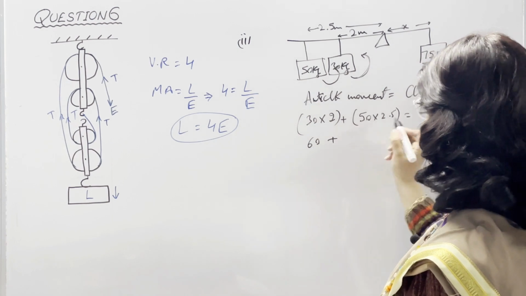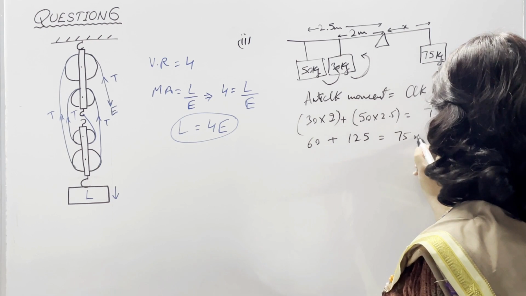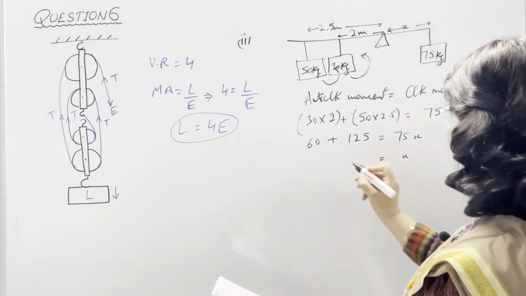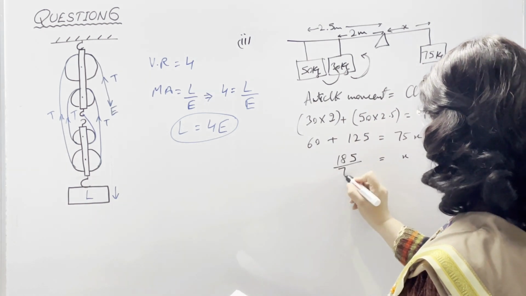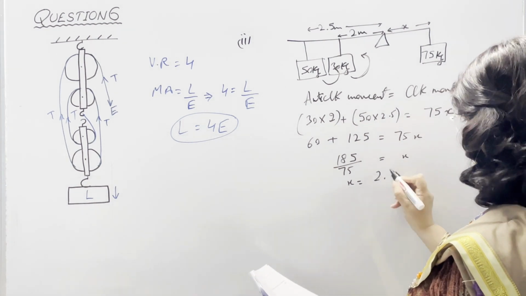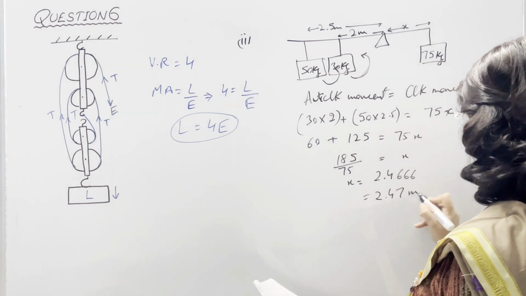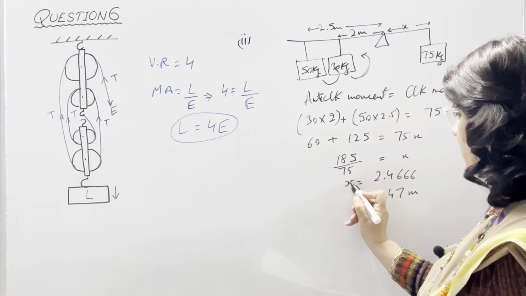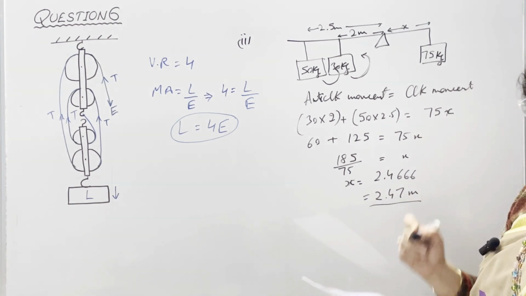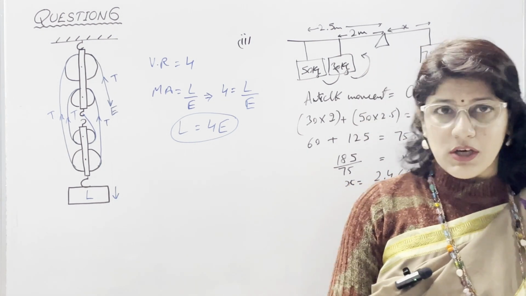Now 60 plus 50 into 2.5, 125, is equal to 75x, x is equal to 185 divided by 75. So value of x is 2.4666, or you can take 2.47, and the distance should be in meter, SI unit. So the man should sit at a distance of 2.47 meter from the middle on the opposite side where children are sitting.